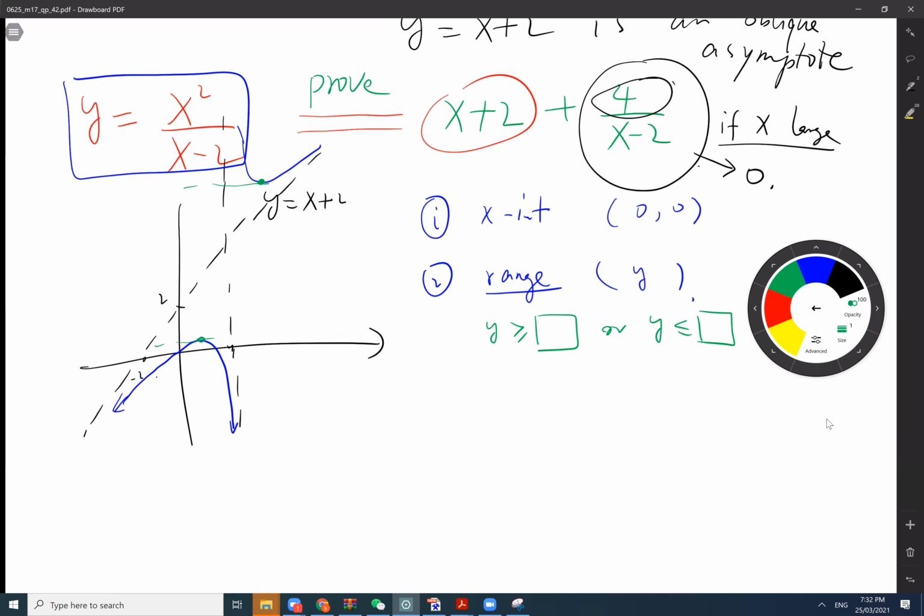So the question changed. Guys, can you find here and here, which means here and here? How can we find those? How do we find those?